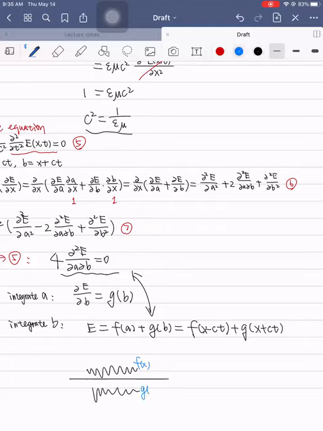The ct term tells us f(x) is moving to the right-hand side at a speed of c, right? And g(x) is moving left at the speed c also.